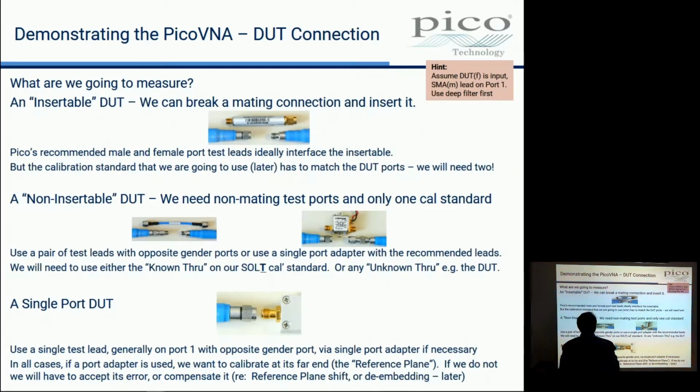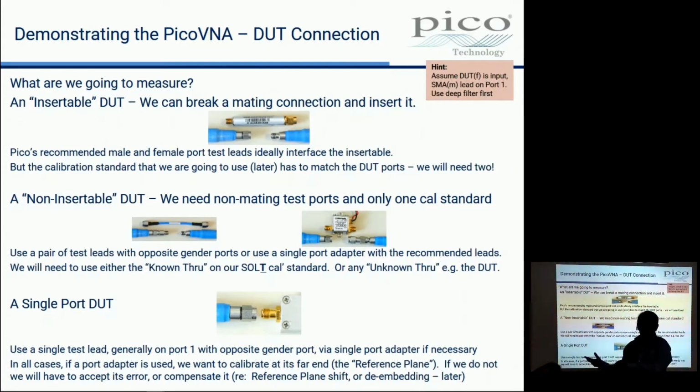And you can see that to match up to it, we have a male test lead, male port, and a female port. This is the recommended configuration of test leads for the product that we advise. That's if you want to make all the measurements that the product is capable of measuring, and you want to do it with equal weighting, as it were.